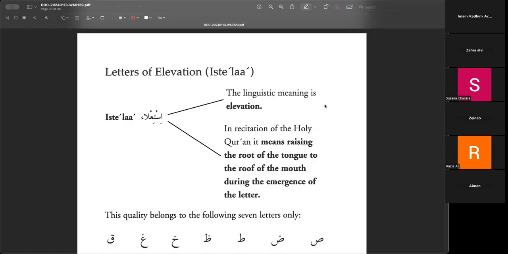Isti'la, the linguistic meaning is elevation. In recitation of the Holy Quran, it means raising the root of your tongue to the roof of your mouth during the emergence of the letter.